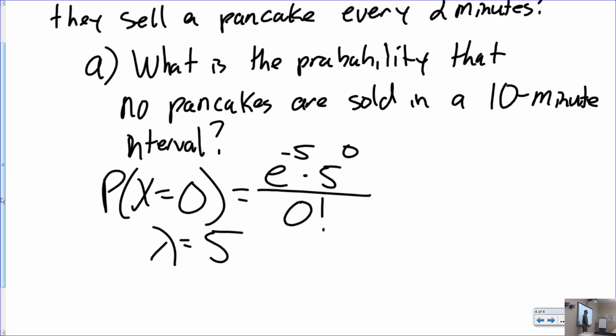Why is 0 factorial 1? It's defined that way, so that the algebra works. There really isn't a good explanation for why it is one.